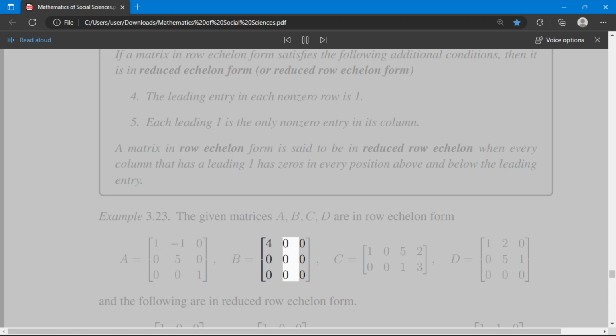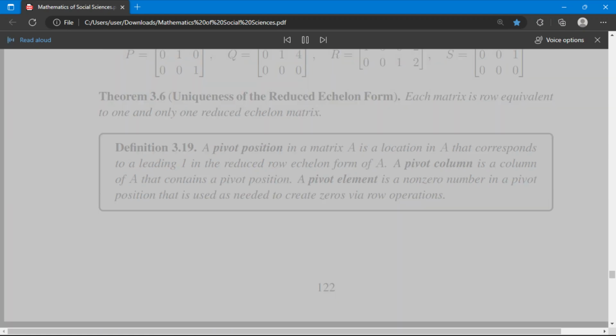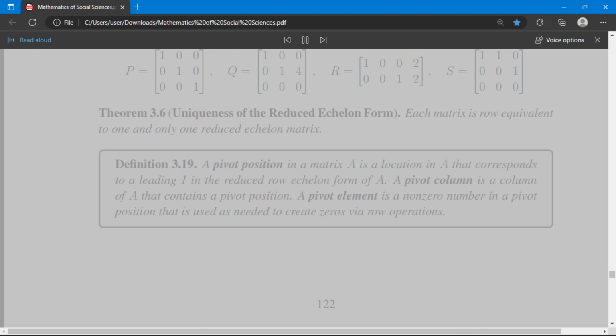B equals 40000000. C equals 10520013. D equals 12005100. And the following are in reduced row echelon form.